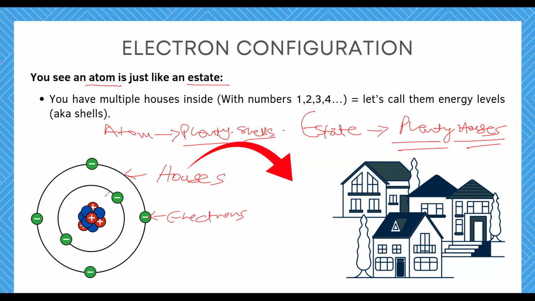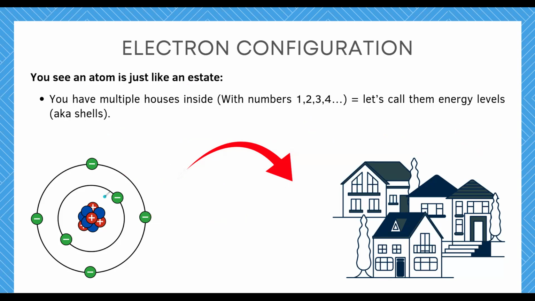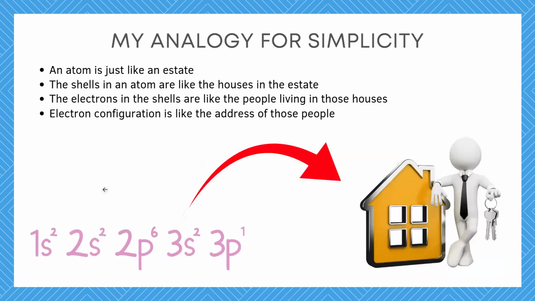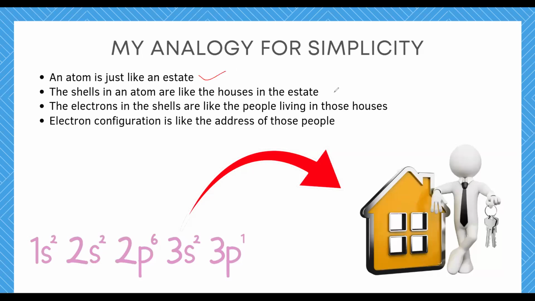Can we proceed? Did you understand the analogy that I just gave? Yes. Are you sure? Yes, sir. All right, very good. So now, look at this, my analogy. I want it to be as simple as possible. An atom is just like an estate. The shells inside an atom are like the houses in the estate. Every estate has plenty houses inside. In the same way, atoms have different shells inside them.